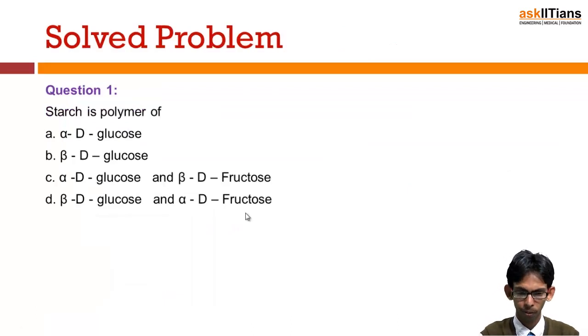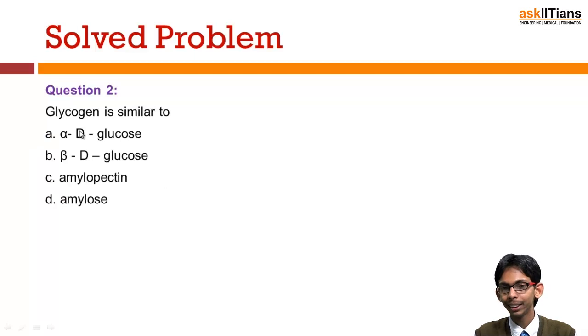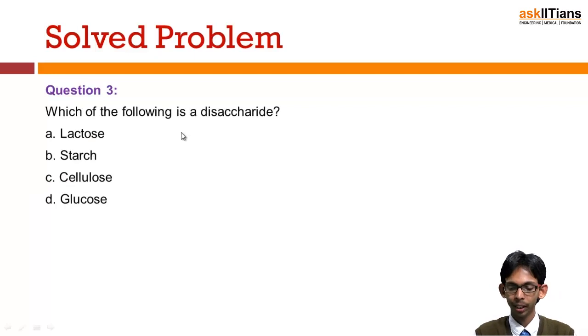Now there is a solved problem. Starch is simply an alpha D glucose polymer. Glycogen is similar in its structure to amylopectin. Now, which of the following is a disaccharide?